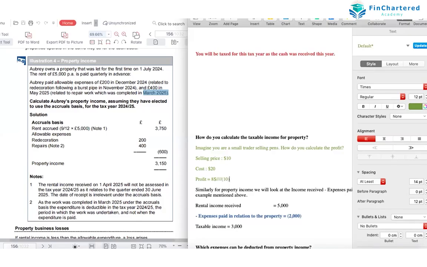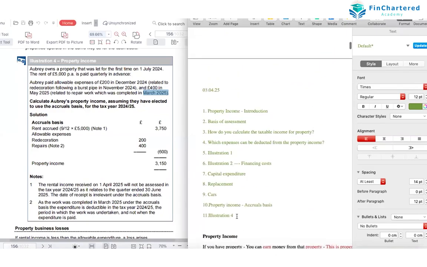So if there can be a loss when you are selling a pen, there can also definitely be a loss when you have a property business. Now we're doing property business loss, one of the last topics of this chapter.